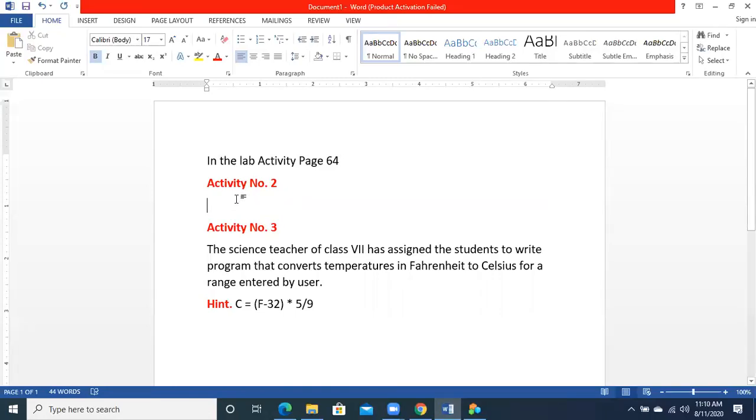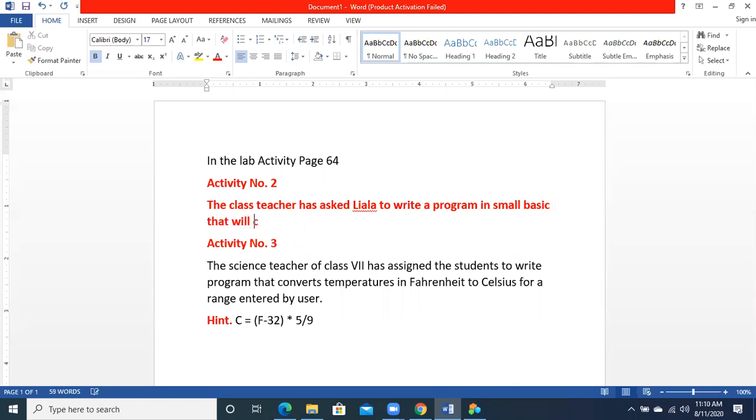The activity number 2 is that the class teacher has asked Leila to write a program in Small Basic that will calculate the percentage of attendance in a month.